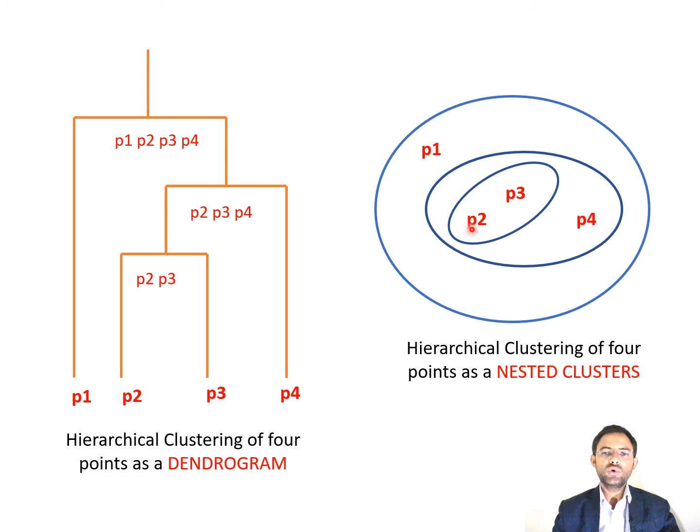Here, the closely related 2 points P2 and P3 are grouped by using a circle. Again, this group is connected with another closely related point with the help of another circle, and finally the next point is encircled by another circle. Thus, such a type of clustering is known as nested clusters.